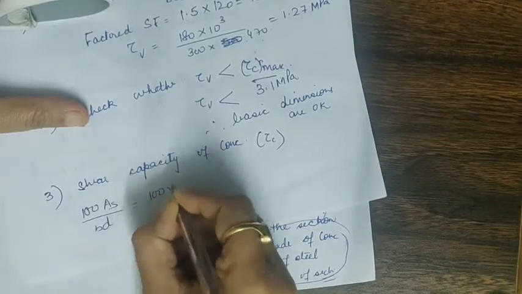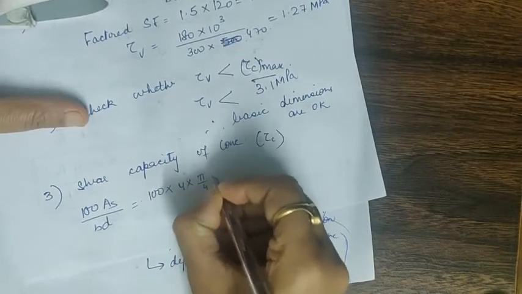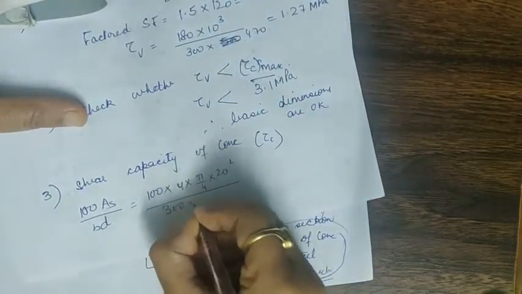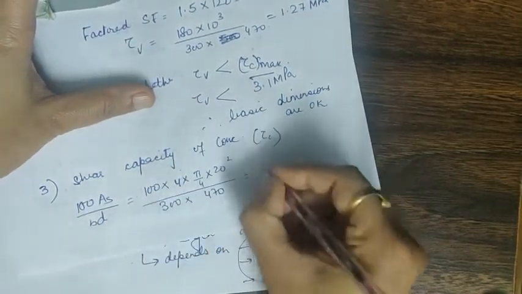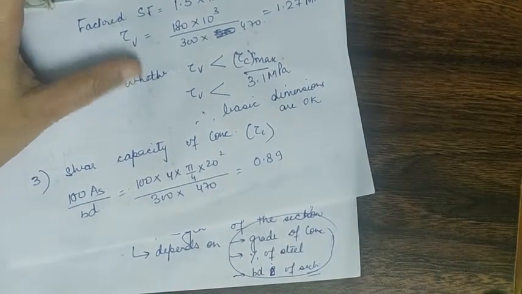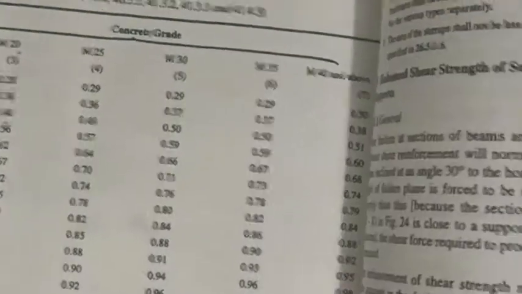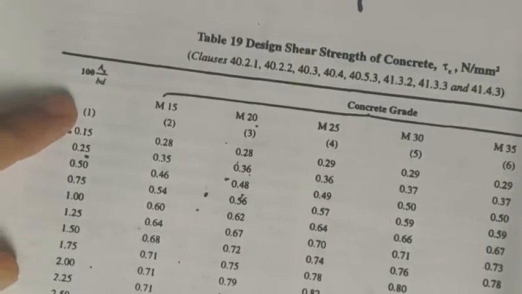That is 100 into AS, where AS is 4 bars of 20 dia, so 4 into the area of a 20 dia bar, upon B is 300, D is 470. This value comes out to be 0.89. Clear? So I have to find tau C corresponding to the 100 AS upon BD value of 0.89.